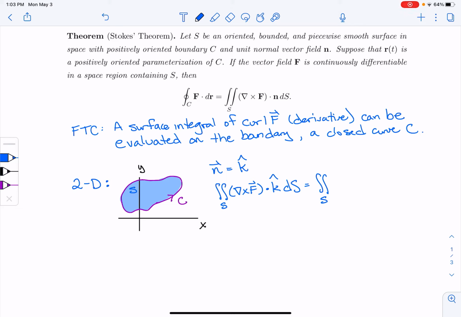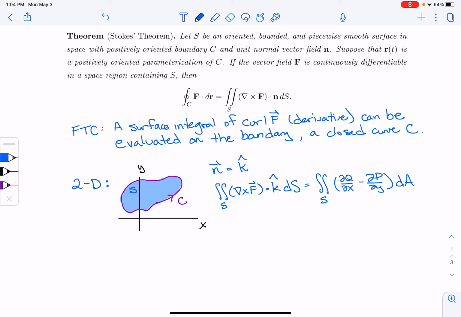Well, the third component of the curl is dQ/dx minus dP/dy. Here we're thinking about F as being P, Q, R. So I'm going to integrate that dA, where dA is like dx dy.